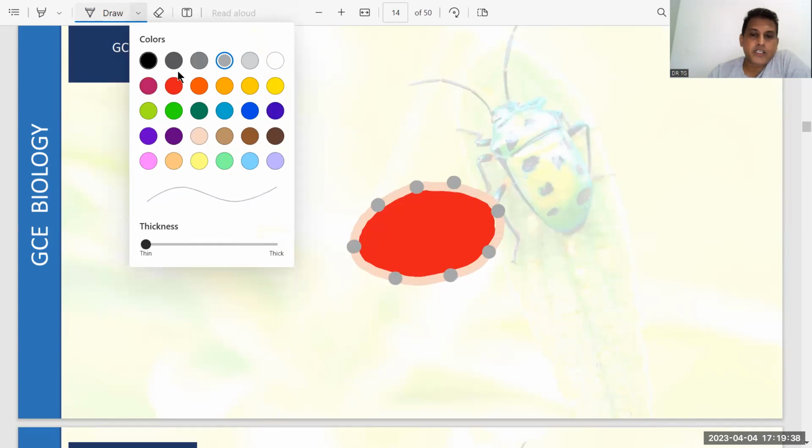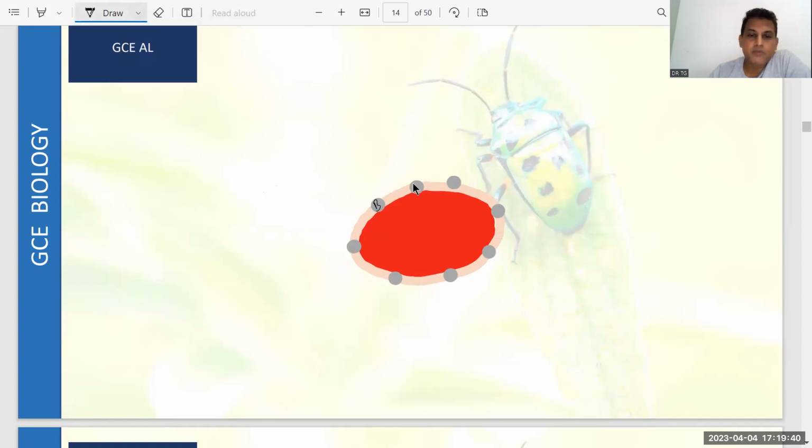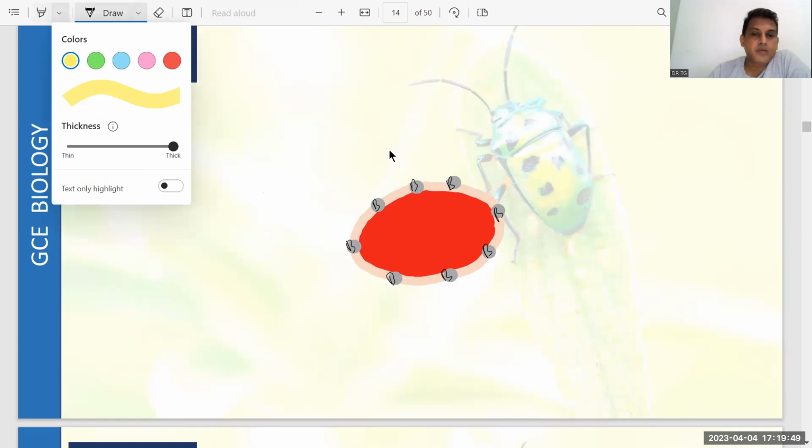So it should be B. And this represents the plasma.